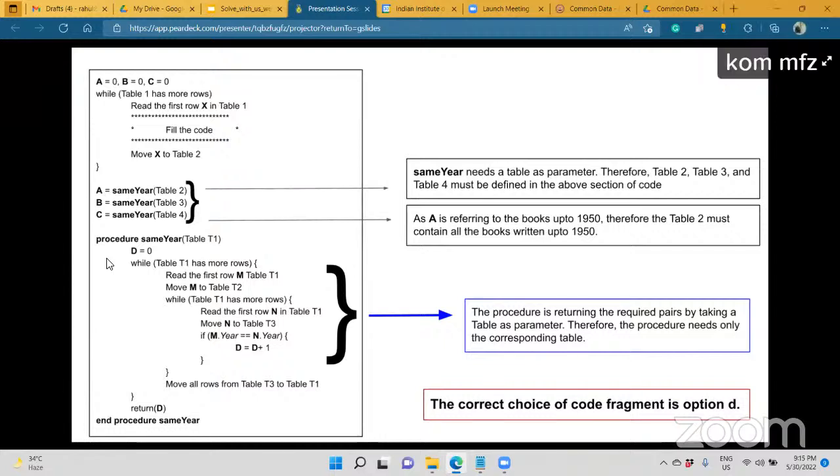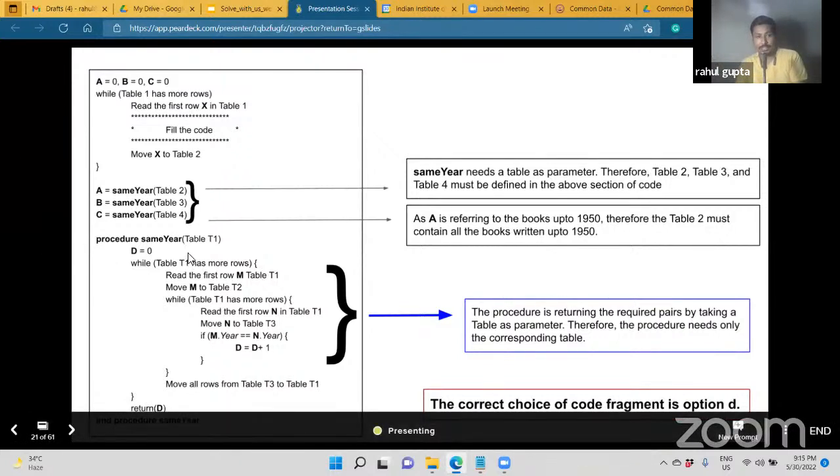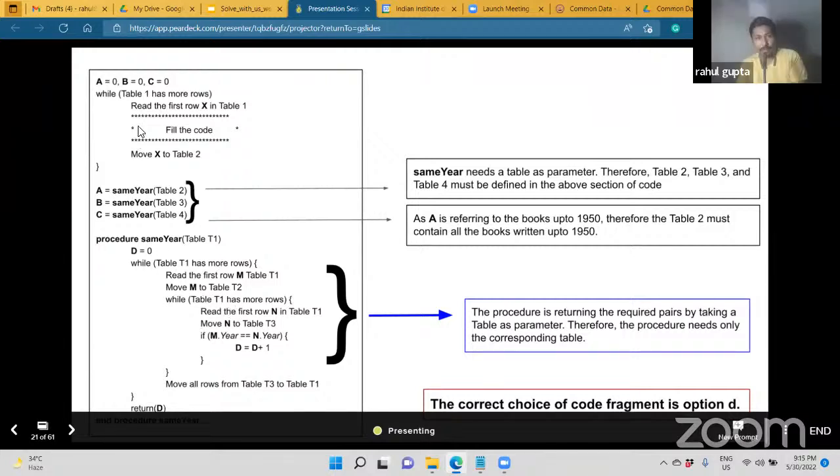So I have 3 extra tables, right? Every table will have some rows. Suppose I have 50 rows, then d becomes 0. I take the first row of the table, read it, and move it, again using the same table T1. Binning happened in the first while loop. Now I'm passing the table with the same property.